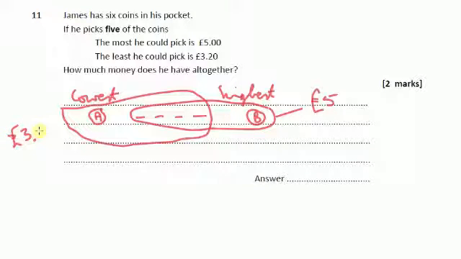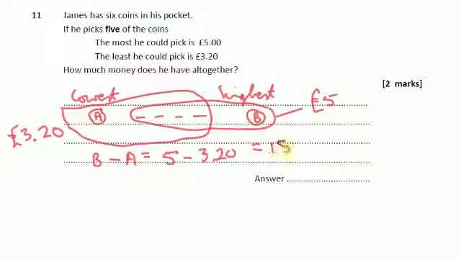So looking at it like that, I wonder if you can see that if I have the highest group and I subtract the lowest group, that means that the B coin minus the A coin must equal the highest total, £5, minus the low total, £3.20, which comes to £1.80.